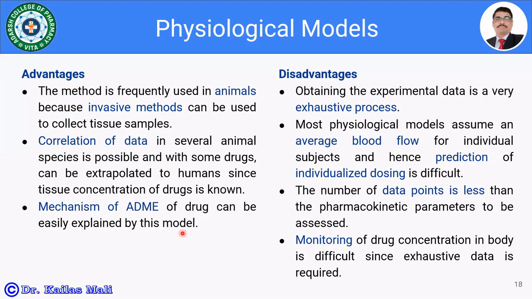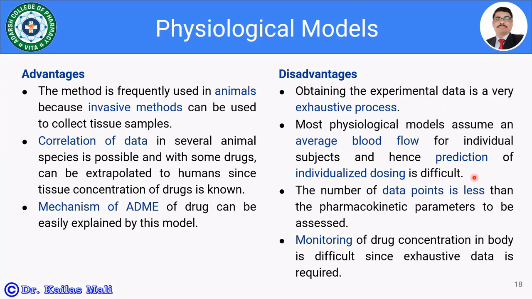Let us see the different disadvantages of the physiological models. Here the process is very exhaustive because huge experimental data needs to be collected and so many processes are involved. Most physiological models assume an average blood flow for individual subjects, hence prediction of individualized dosing is difficult.